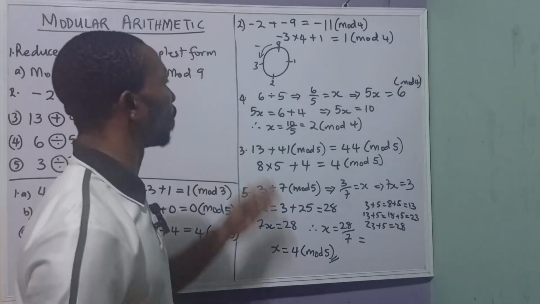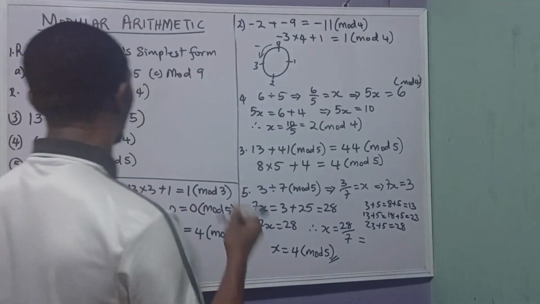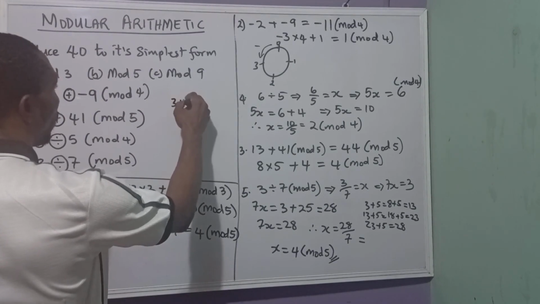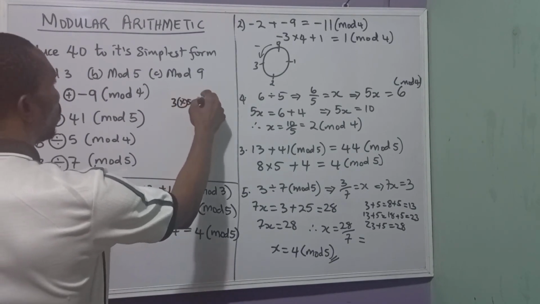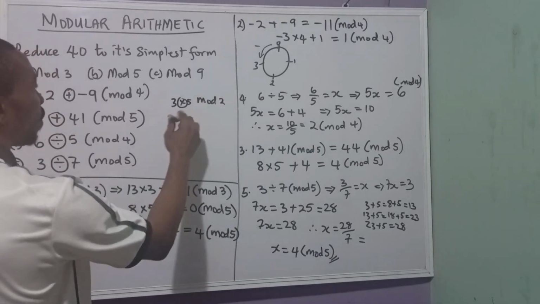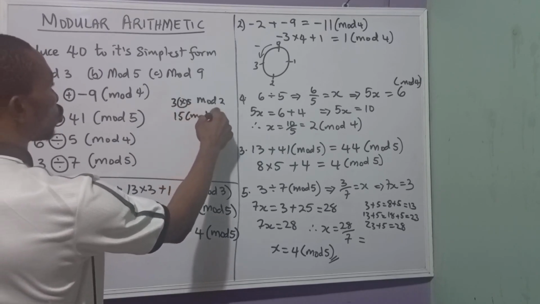Now, if you're working on multiplication, same way, let's look at, if we have 3 times 5 mod 2, this will become 15 mod 2.